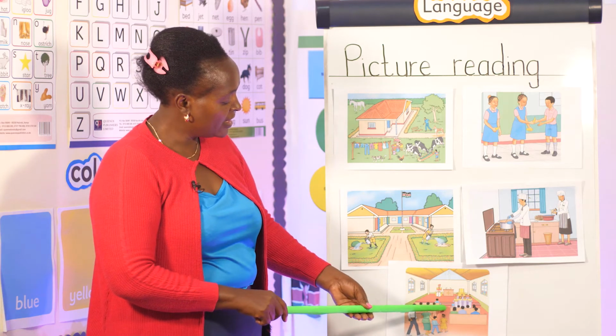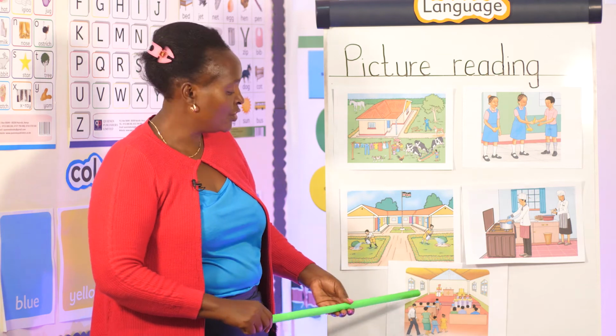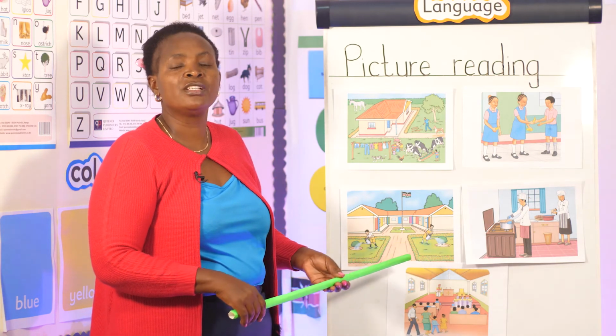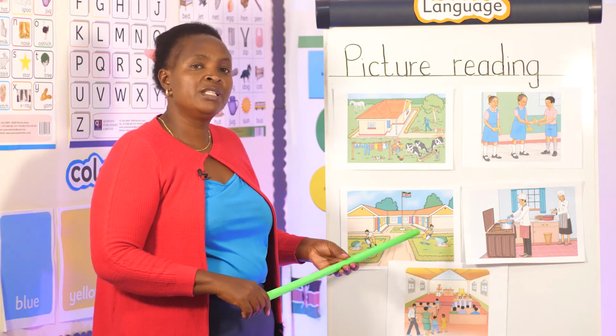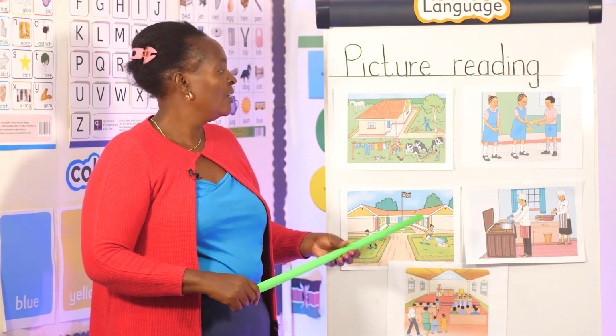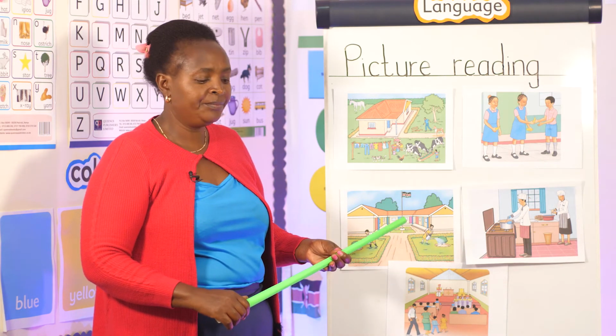So, by this, we are also able to say that these people are going to worship. Okay, so a lot of information is contained in the pictures. When we read pictures, we can tell what is happening or what is going on in the pictures that we see. Okay, children?